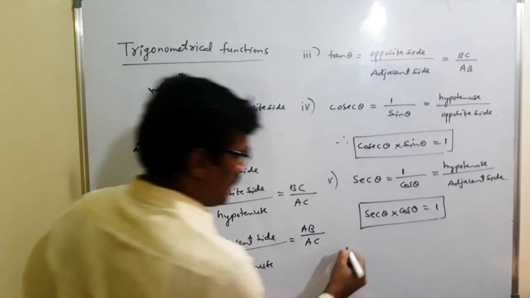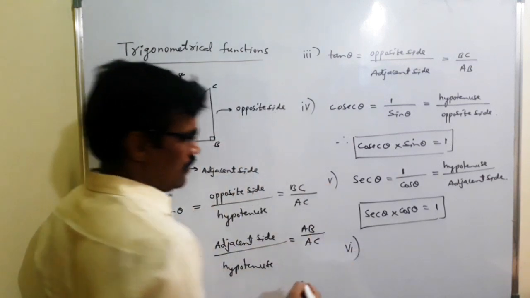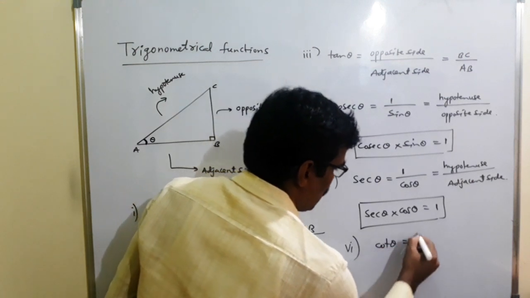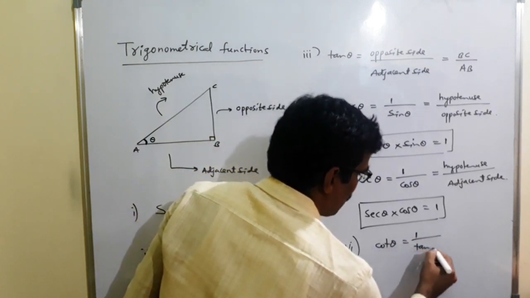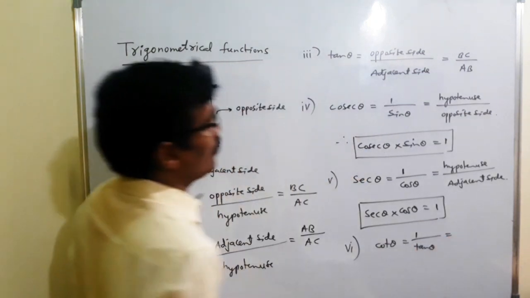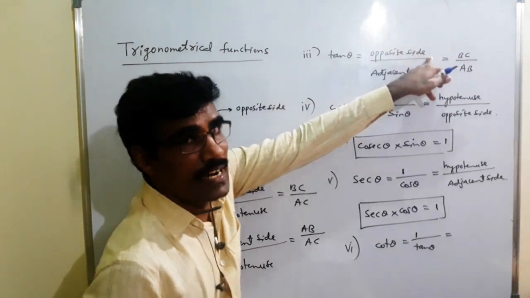Then students, next one, reciprocal of tan theta. Cot theta equal to 1 by tan theta. Tan theta is opposite side by adjacent side.